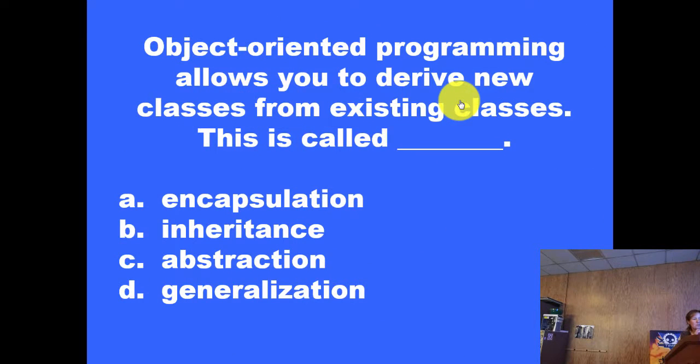All right, object-oriented programming allows you to derive new classes from existing classes, and this is called... What do you think? I hear somebody say. What do you think, Richard? Take a whack at it.